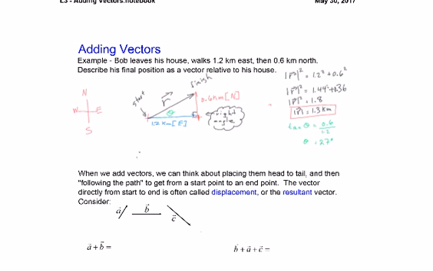And now we have to create our final statement. Now, we're just trying to find the final position, so we're going to say the final position is 1.3 kilometers east, 27 north, or we could have said north 53 degrees east.